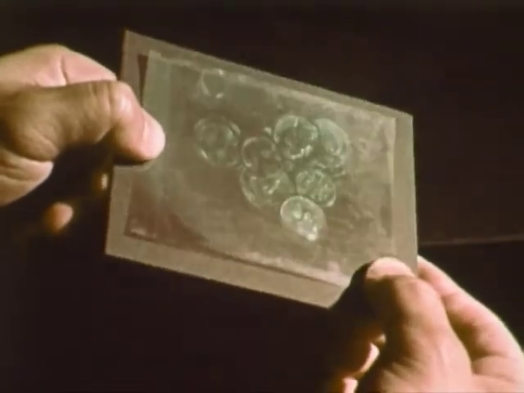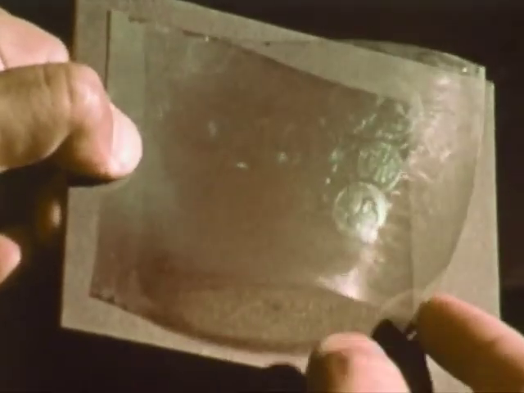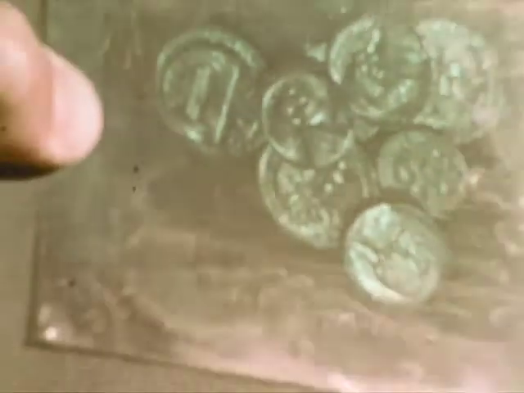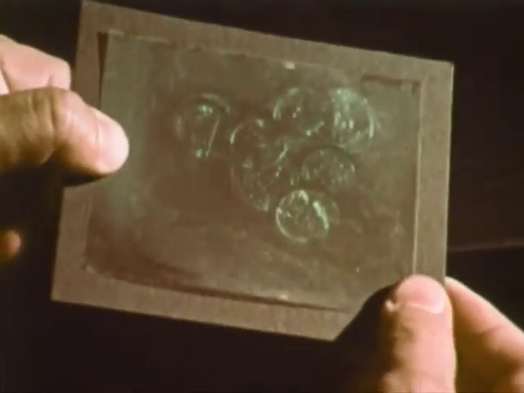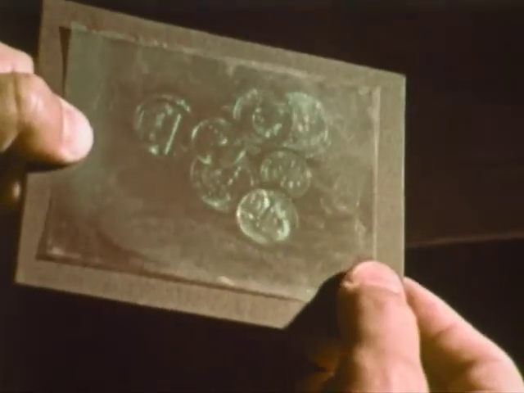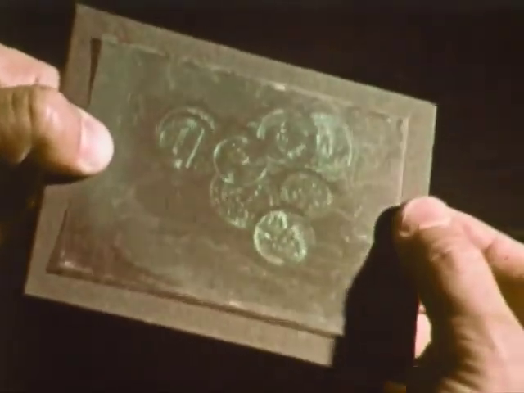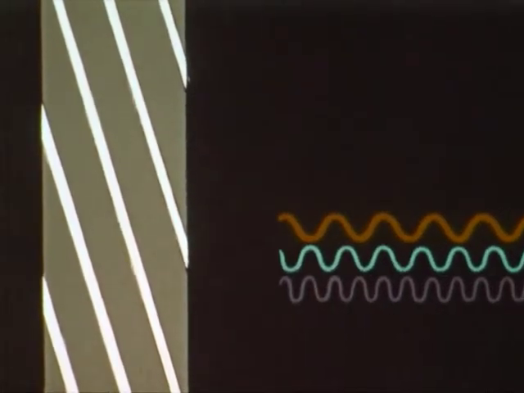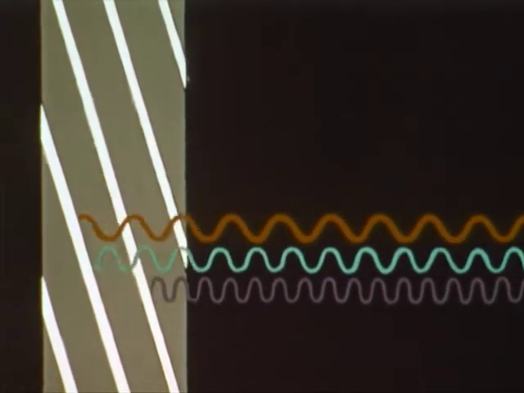An ordinary white light is used to view this hologram. Why does white light reconstruct this kind of hologram? A cross-section of the emulsion looks like this. White light approaches and passes through the film.